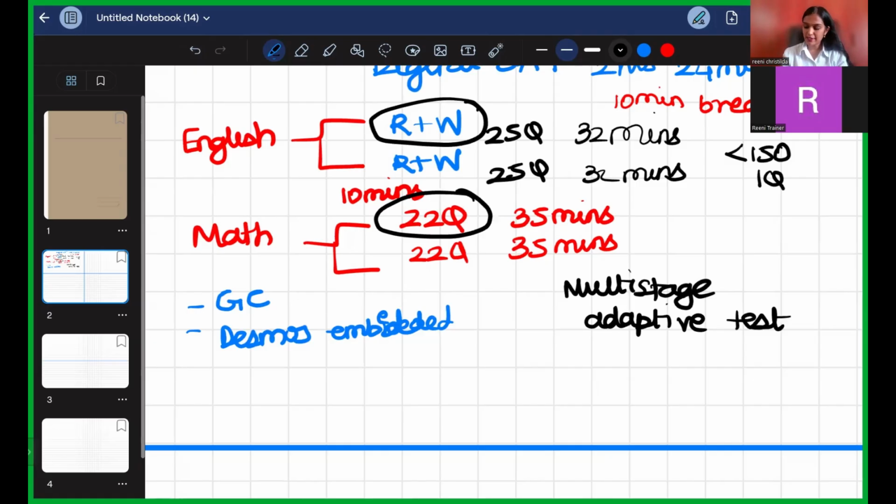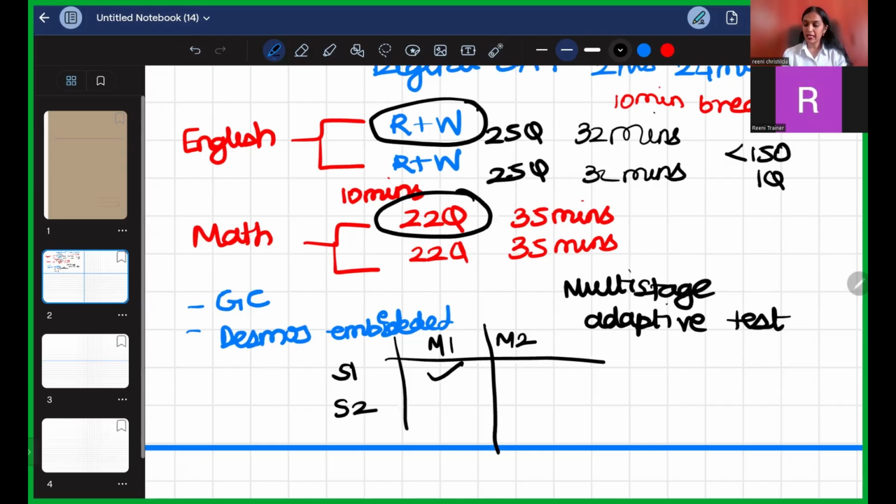For example, scenario one. In the first module, you did extremely well, right? You got all correct. And in the second module, you made 5 mistakes.